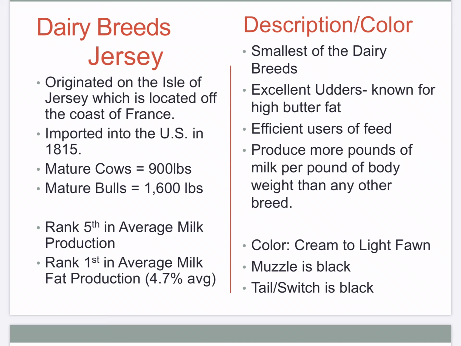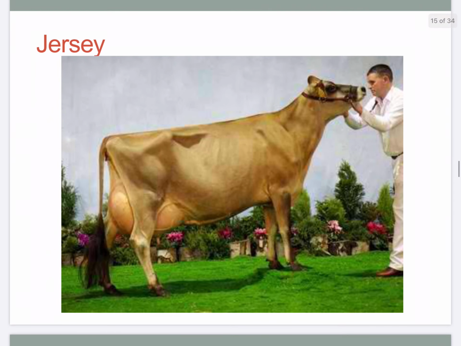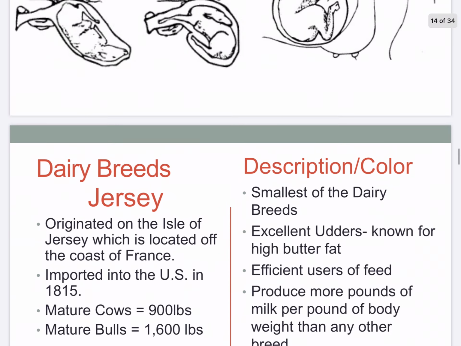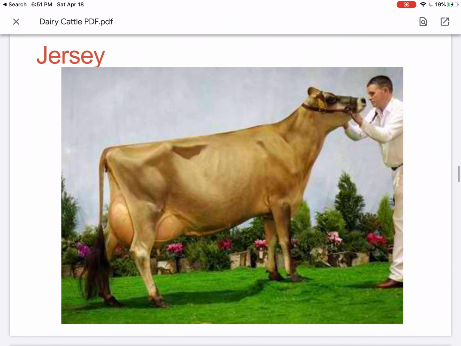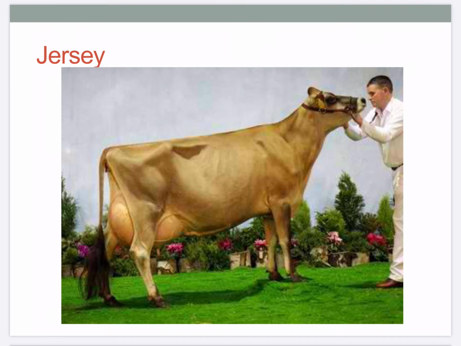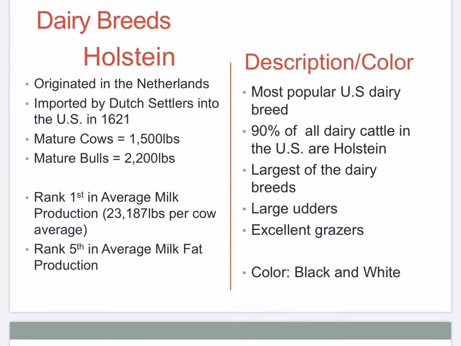And it has the rank and all the information you need to fill out these, okay? So here's the Jersey cow. Actually, I believe this is the first one you want to do, okay? So basically she's giving you a picture so you can easily color that, and here is the information that you fill in for the first cow.